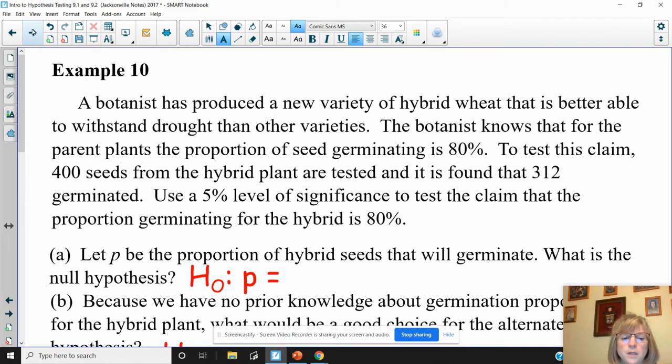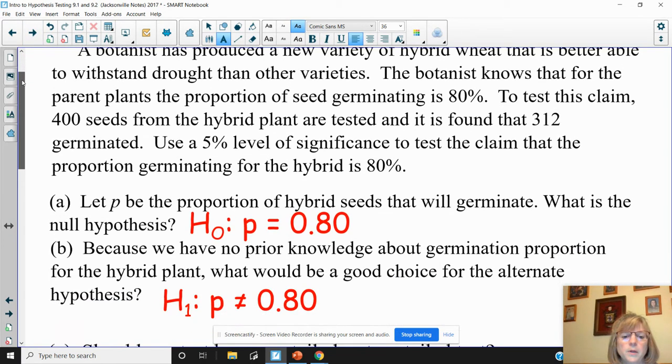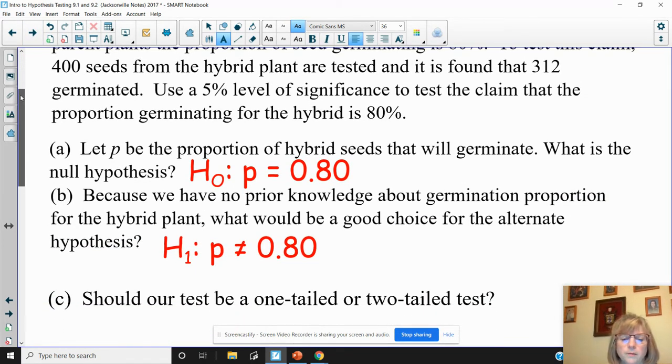Now remember that P is the proportion of hybrid seeds that will germinate. So what's assumed to be true here is that 80% of our seeds germinate. So our null hypothesis should say P is equal to 80%. Now, because we don't know anything at all about the germination proportion of these seeds, we can't speculate as to whether it's greater than 80% or less than 80%.